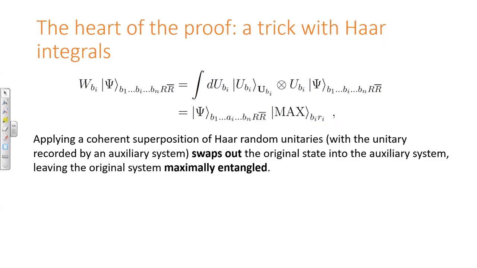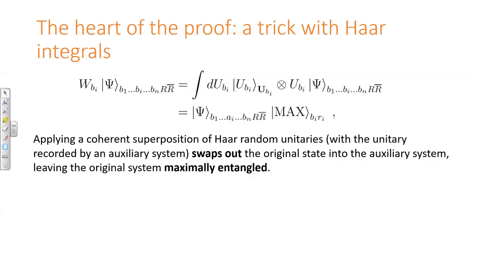But the global state is pure, so it has to leave this little b_i maximally entangled with some subsystem of the auxiliary system I added that stored which unitary I applied. And that's indeed what it does.